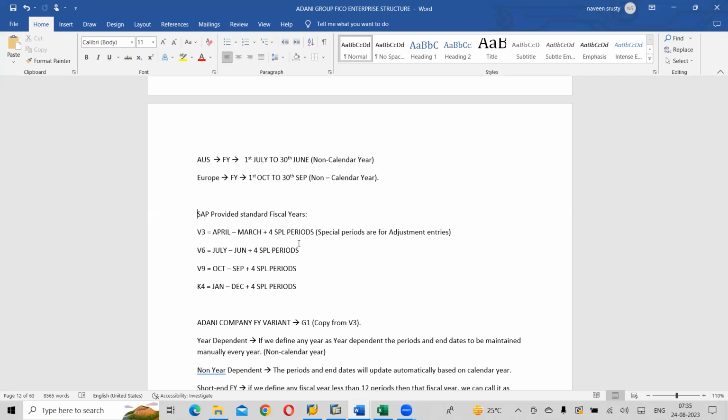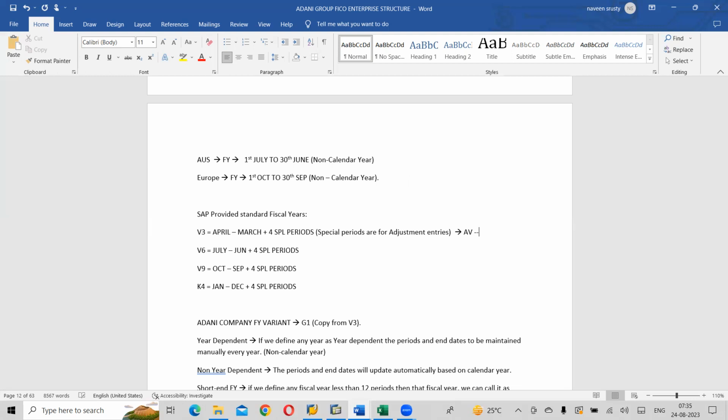Okay, so our company is Adani. Normally I would like to copy. I'll copy the V3 variant and create a variant called AV or A3, if it is available, and assign it to 3 different company codes.